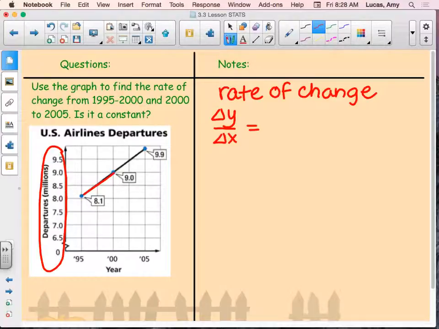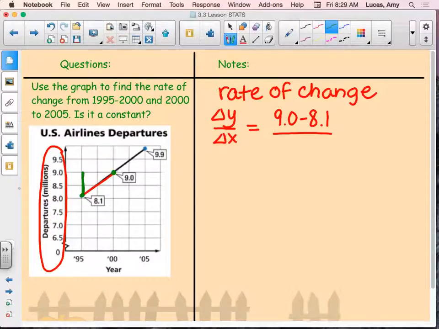So the change in y, I'm going to show you what it means on the graph. From this point to this point, in green, this is how much y changed. So 8.1 and 9.0. So I'm going to subtract 9.0 minus 8.1. Notice I started at 2000.